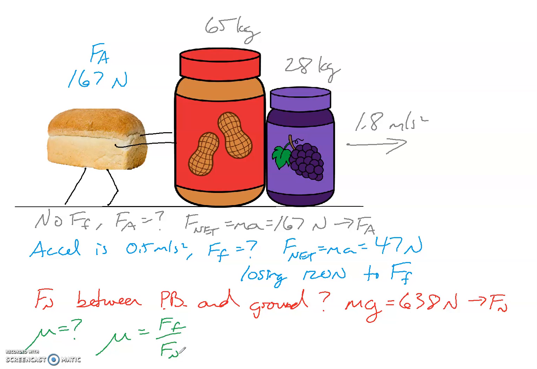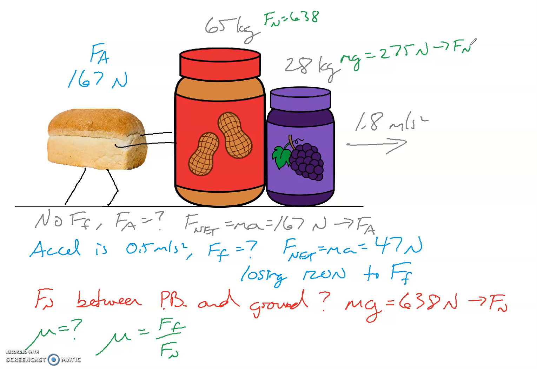We know the Fn for the peanut butter is 638 because that was the weight of the peanut butter. Well, the same type of calculation can be done for the jelly. If we do mg for the jelly, that is 275 newtons, and that would be the Fn for the jelly.